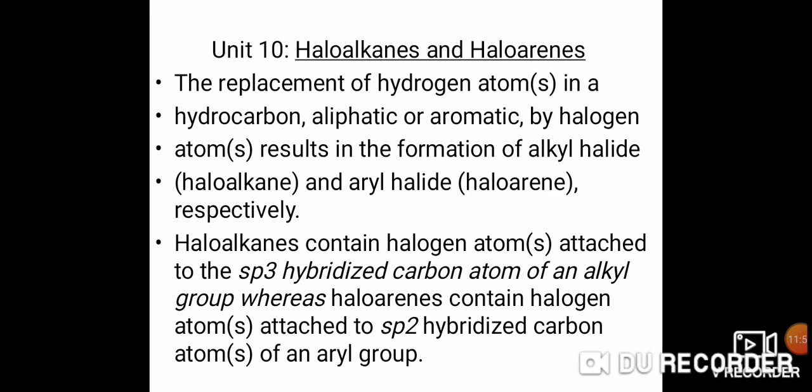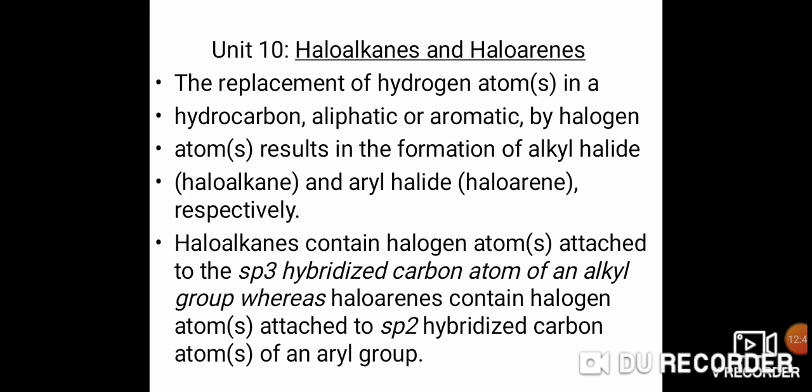I mean to say, if the hydrogen is removed from alkanes and replaced by halogen, then the compound formed by the displacement or substitution of one hydrogen from alkane by the halogen, we call it haloalkanes, and the carbon exists in sp3 hybridized state.